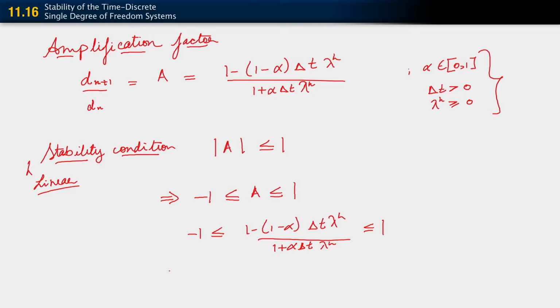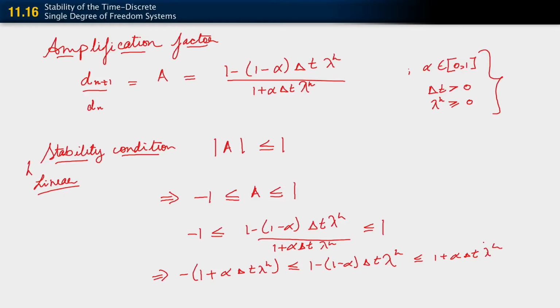So what this lets us do is safely multiply through by the denominator, and we get here minus 1 plus alpha delta t lambda h is less than or equal to 1 minus alpha delta t lambda h, which is less than or equal to 1 plus alpha delta t lambda h.